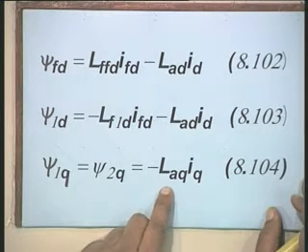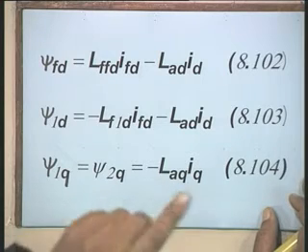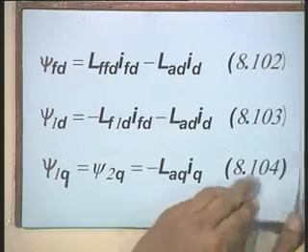Why will this same LAQ come? Because the mutual inductances between the two amortisseurs on the q axis, when expressed in per unit, are equal. Therefore, this. Okay.